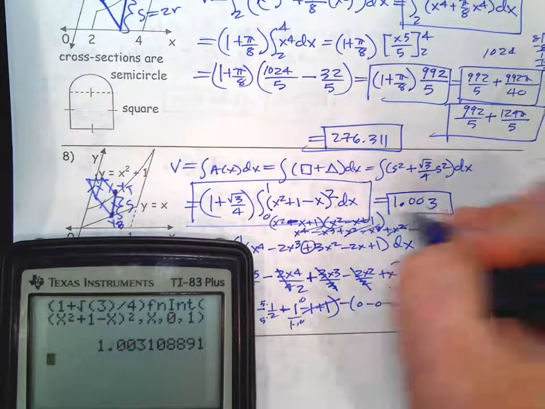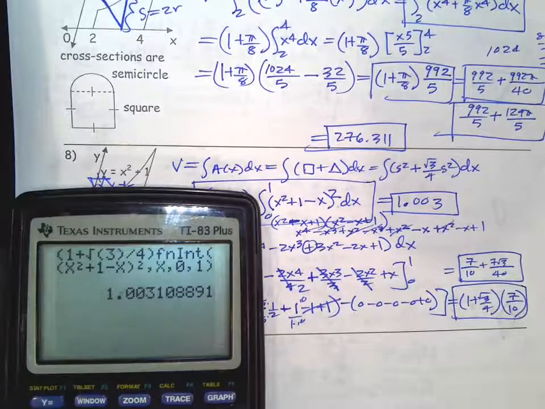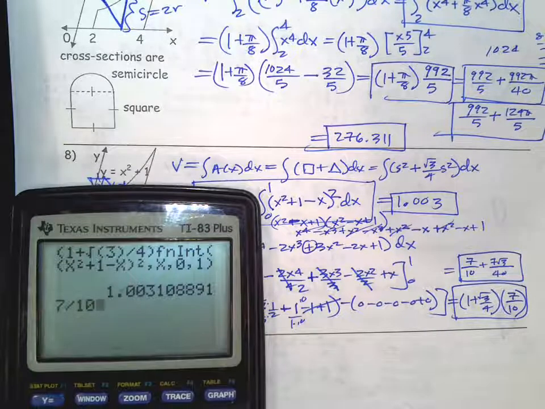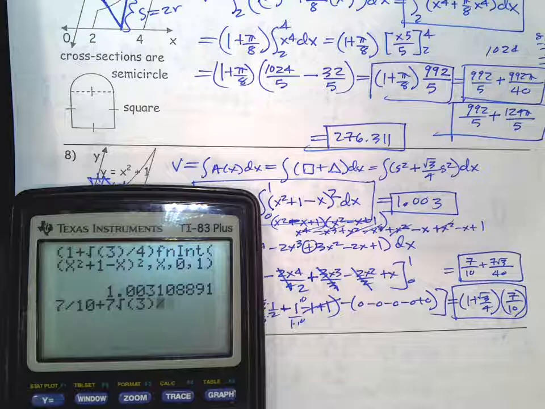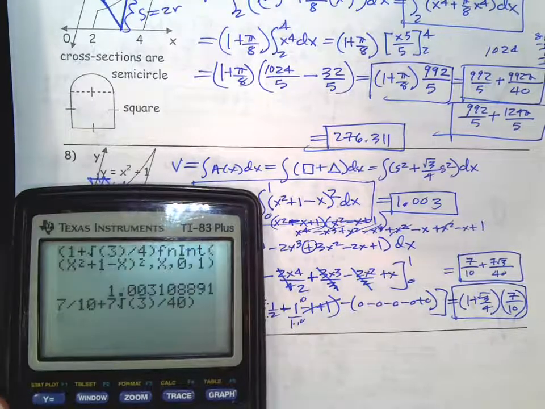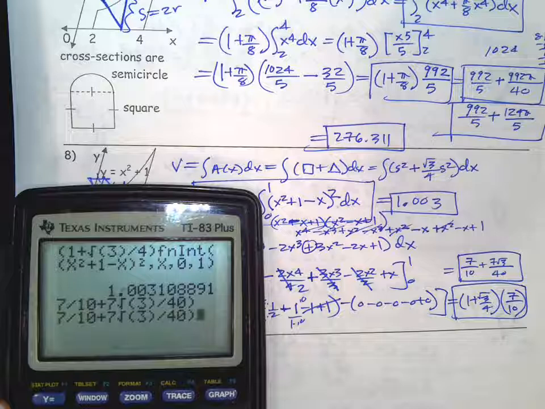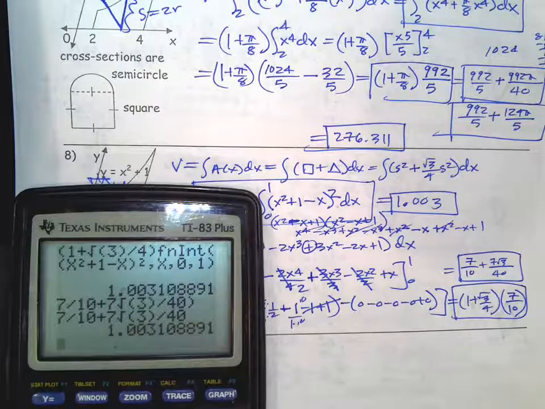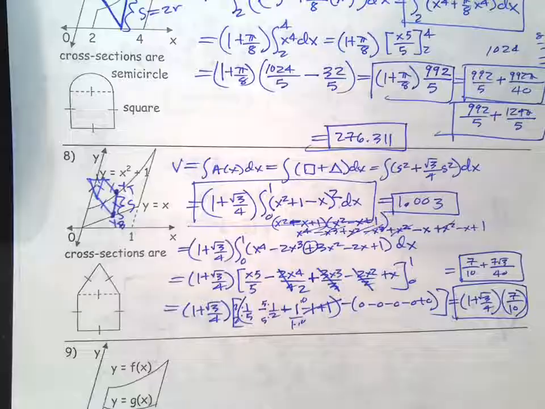Rounded to 3 decimal places, same thing. So let's check out the answer: 7 tenths plus 7 root 3 over 40. Didn't type in something right. Same answer. Looks good.